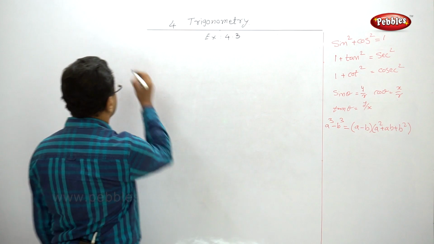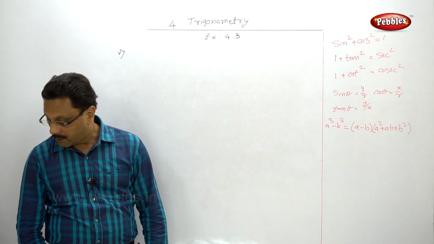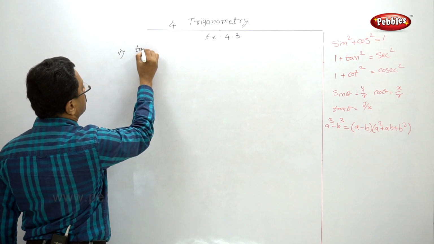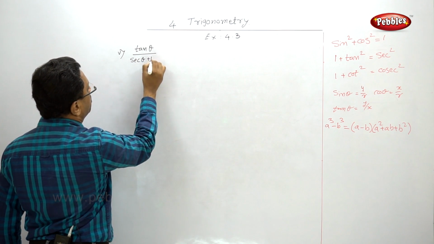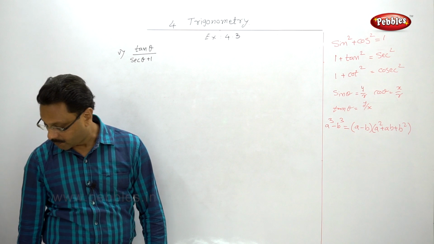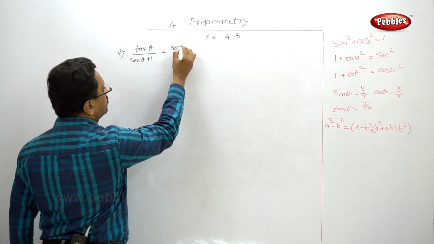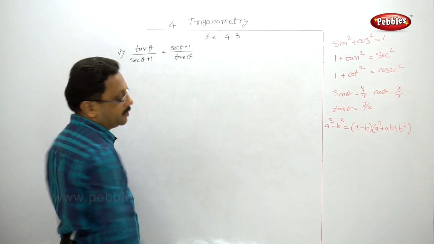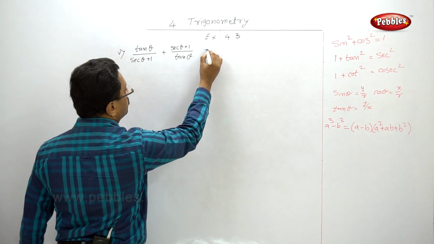Fifth one is tan theta upon sec theta plus 1 plus sec theta plus 1 upon tan theta is equal to 2 cosec theta.